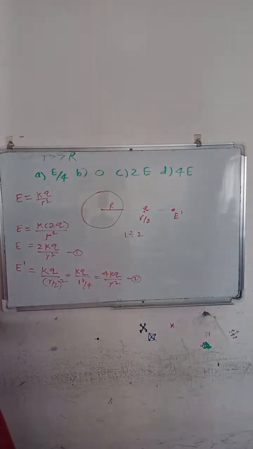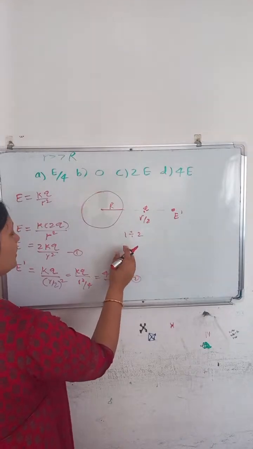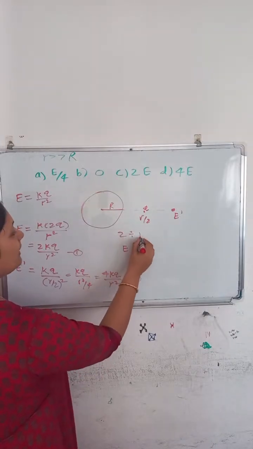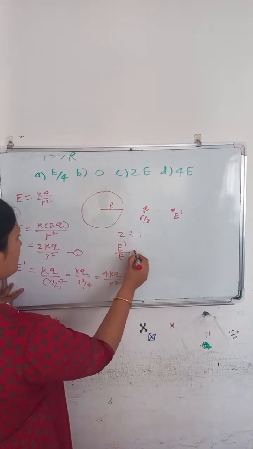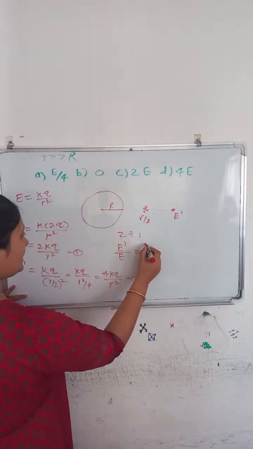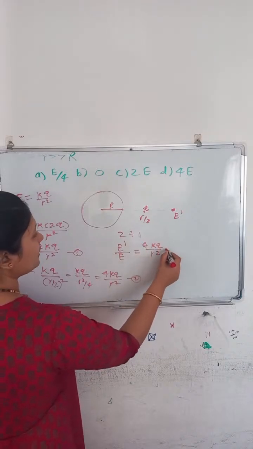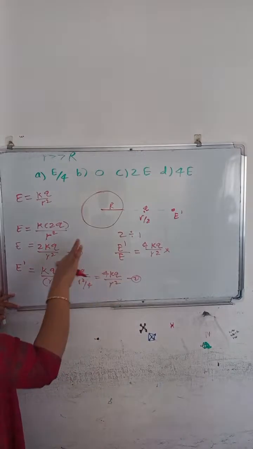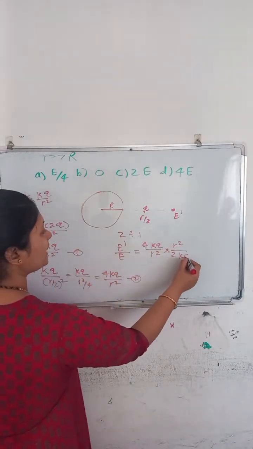Now we can divide equation 2 by 1. Why am I dividing? Because now I want to find out the electric field intensity when r is greater than capital R. So 2 is E dash and 1 is E. So E dash is nothing but 4kq upon r square into, I will take a reciprocal, r square upon 2kq.